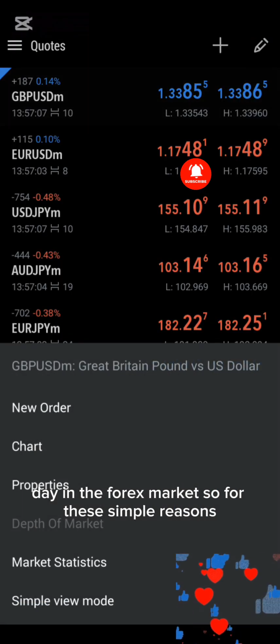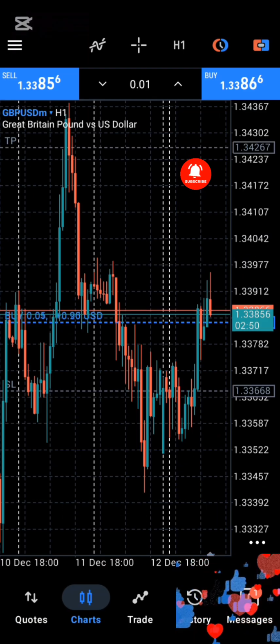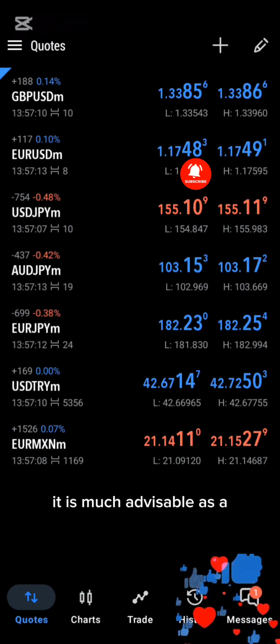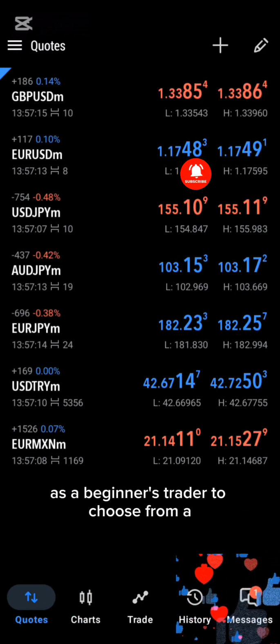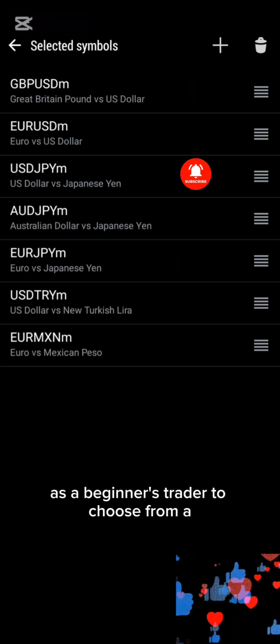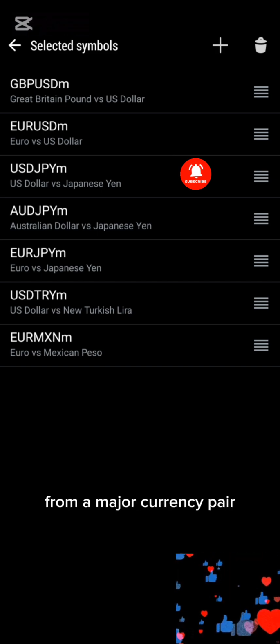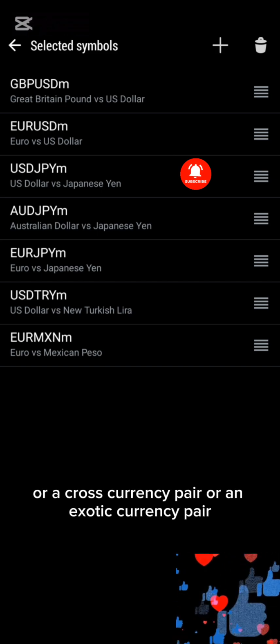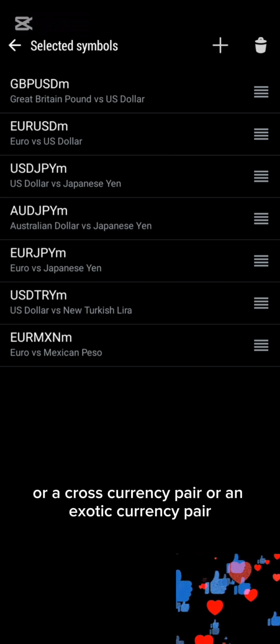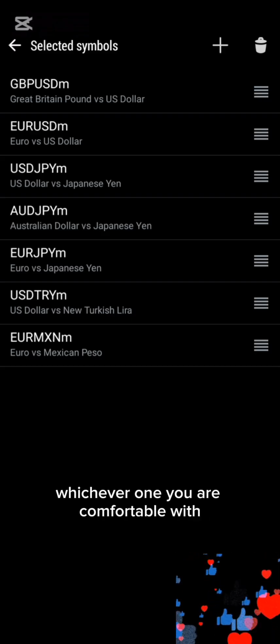So for these simple reasons, it is advisable as a beginner trader to choose a major currency pair or a cross currency pair or an exotic currency pair, whichever one you are comfortable with.